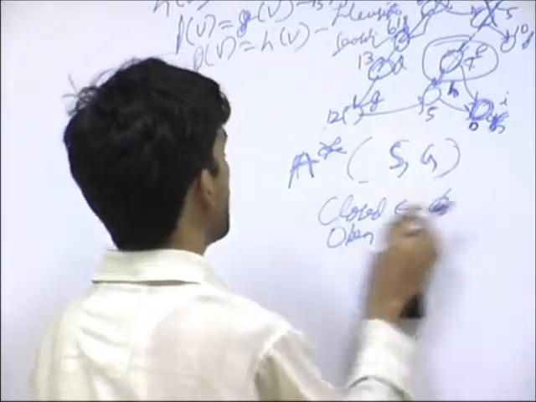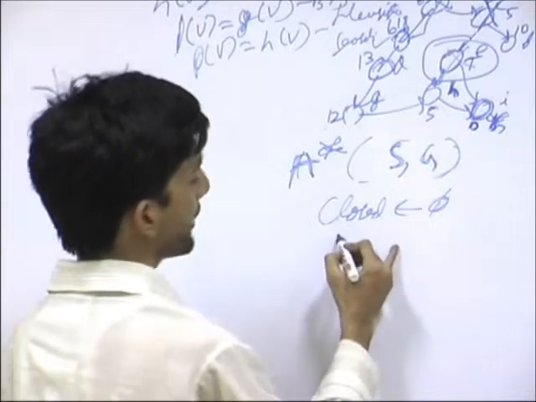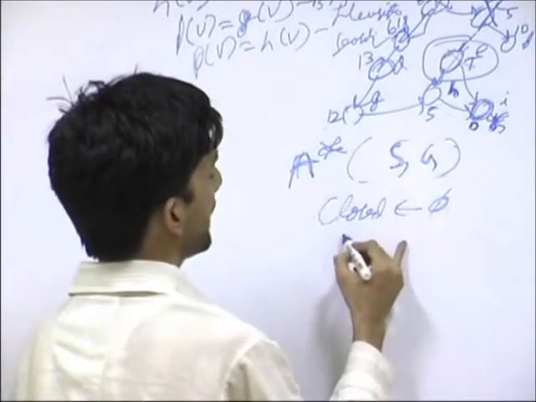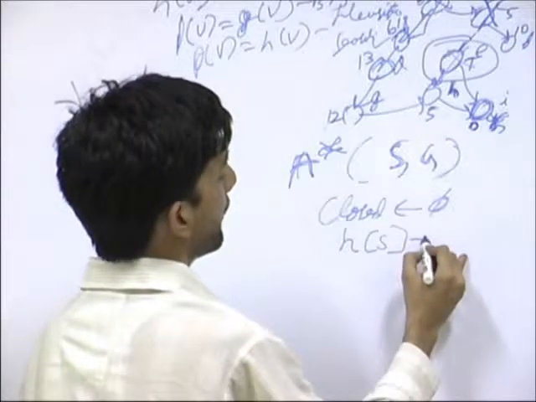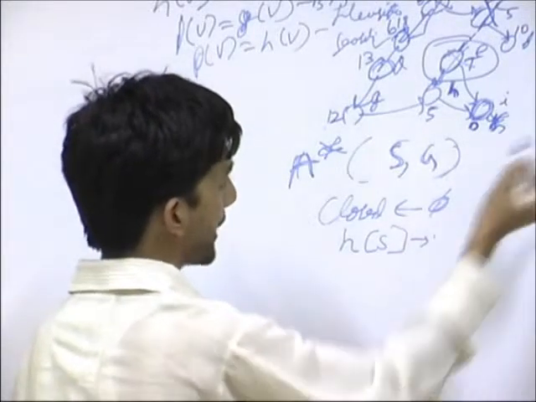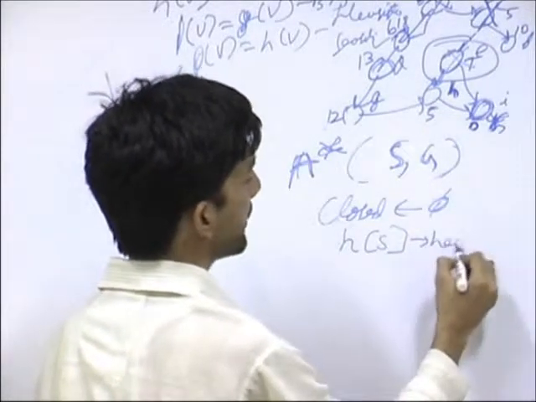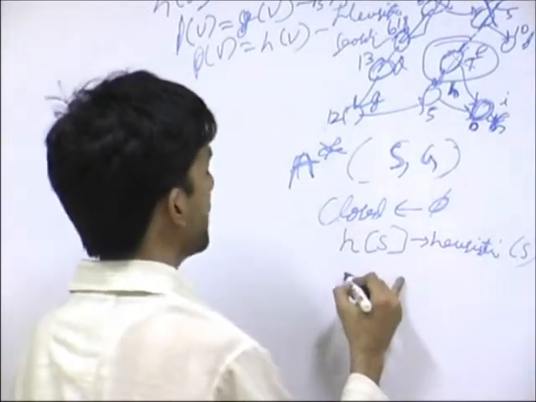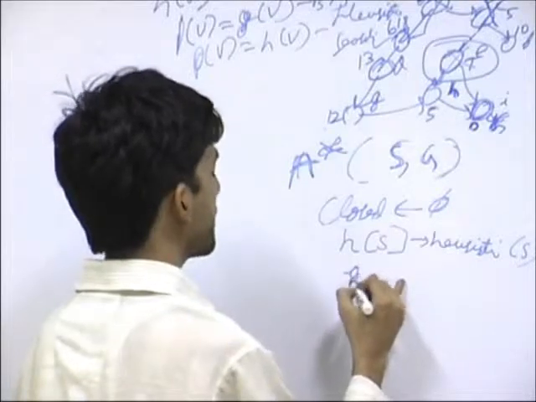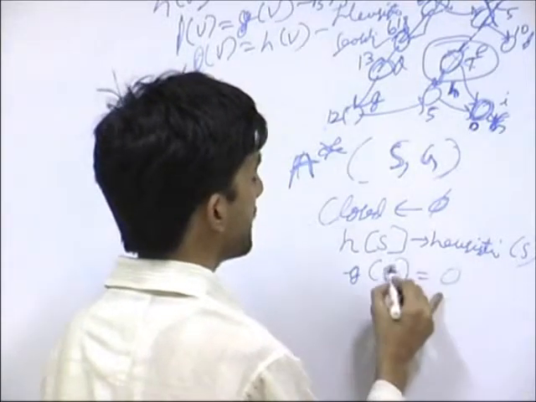The source already has a heuristic value calculated. So the heuristic value of source is known as per my heuristic function. So I say it's simply the heuristic that will be returned. My historic cost of source is known to be 0.